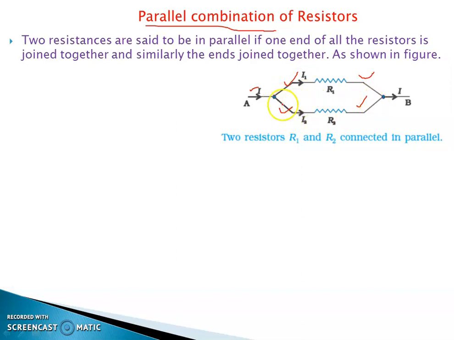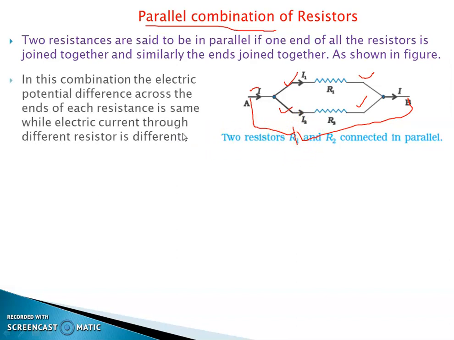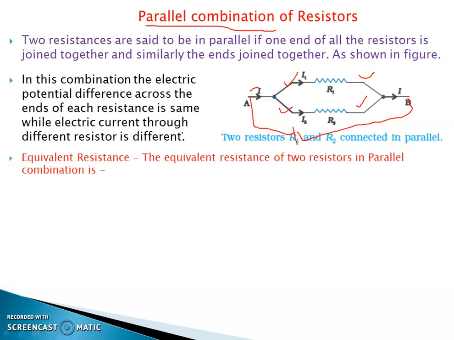But the potential difference will be the same, since when we connect the battery across this combination, the potential difference across R1 will be equal to the potential difference of the battery. Similarly, the potential difference across the second resistor will be equal to the PD of that cell, right? So in parallel combination, the potential difference across each resistor will be the same, but the current may be different.